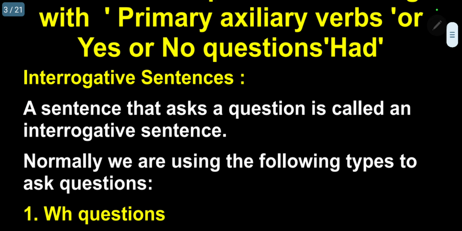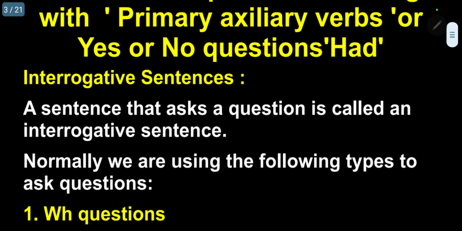So you can ask me, what is a sentence? Sentences can be classified in a number of ways. One of the classifications is based on nature: simple sentences, interrogative sentences, imperative sentences, and exclamatory sentences.